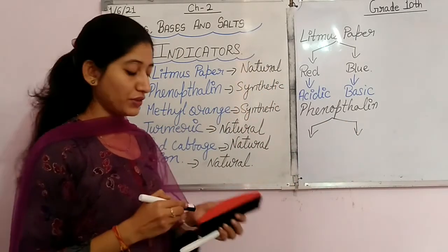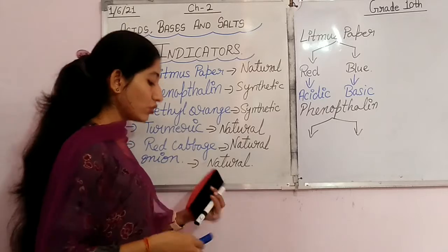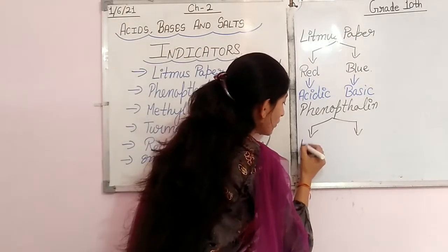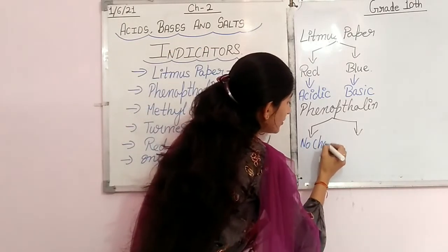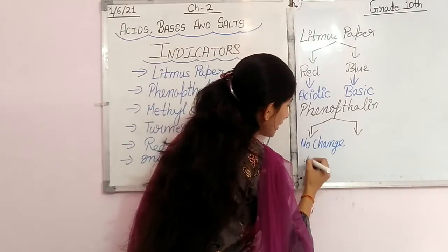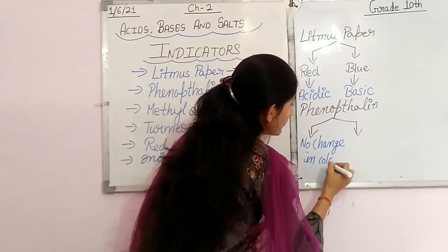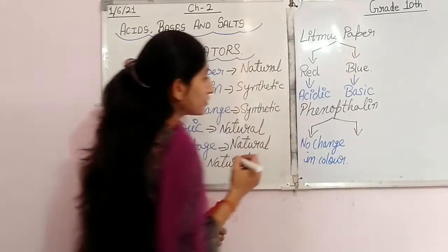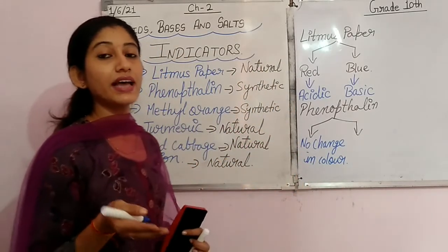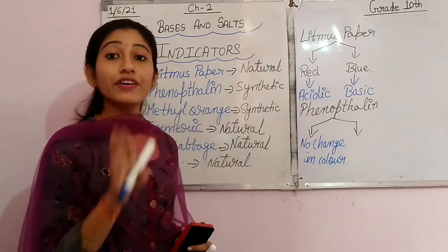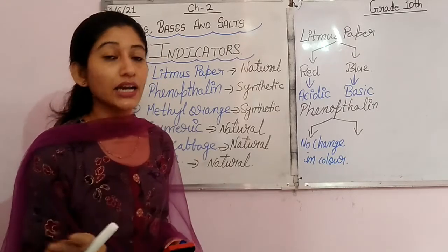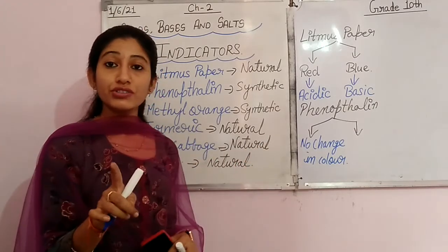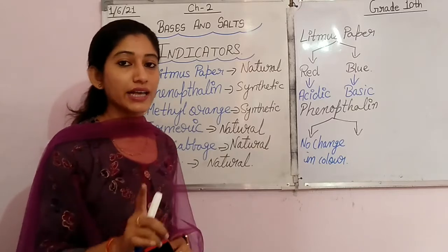In phenolphthalein there is no change in color. If you take the phenolphthalein solution and mix it in acid, it will not change any color. So if there is no color change, the given substance is acid.